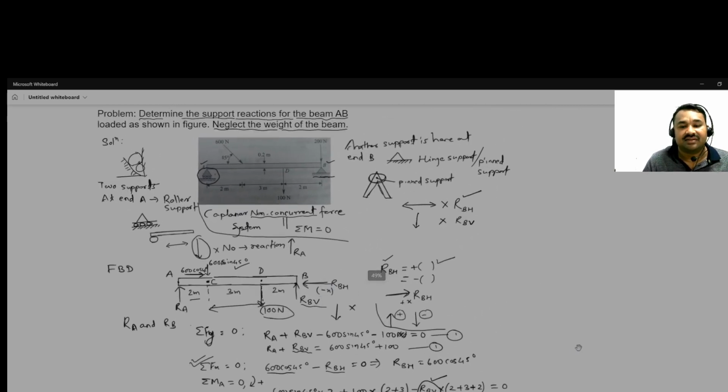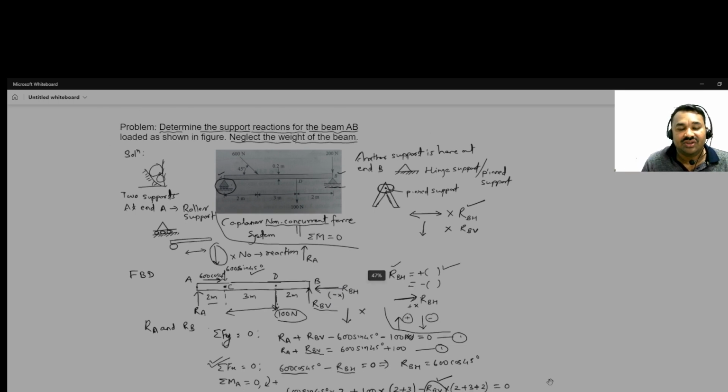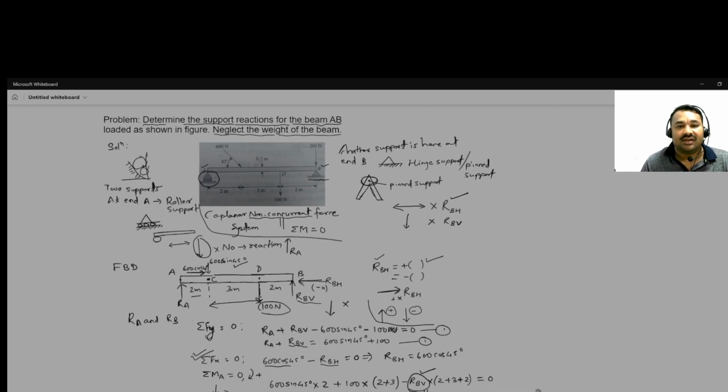Once again, summarizing this, this problem is related to coplanar non-concurrent force. So always remember, there may be a need to use the moment to satisfy the moment criteria, means summation of M is equal to 0.